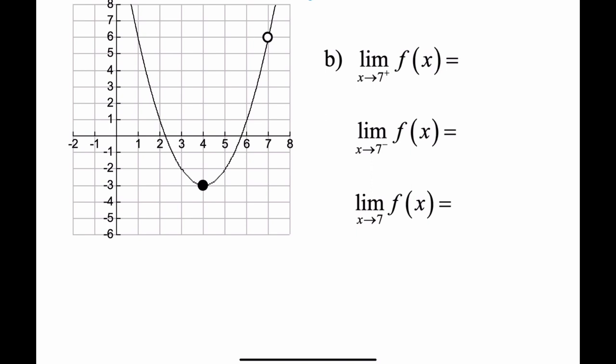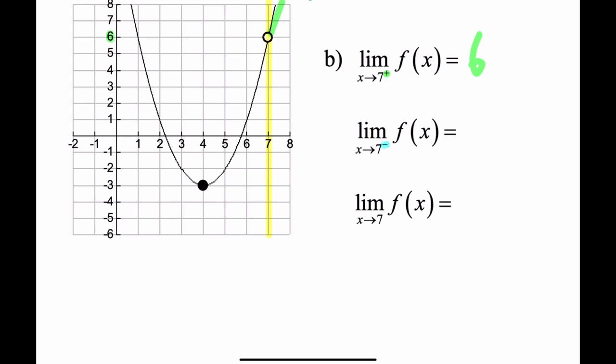And now we're going to be observing this same function as x approaches 7. So I'm going to go ahead and draw my line here. Great. And we're going to be starting observing this function from the right side. So as I trace from the right side, I stop at the y value of 6.